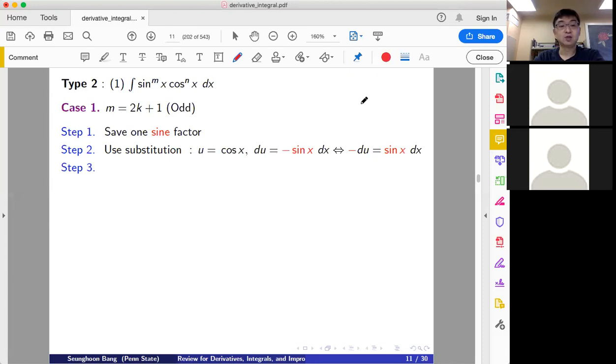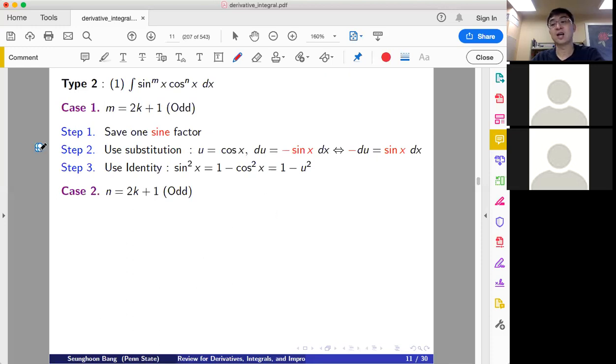Step 3, change the remaining sine functions to cosine by using the identity sine squared of x equals 1 minus cosine squared of x. Plug u in here: 1 minus u squared. Second case, n equals 2k plus 1, the power of the cosine function is odd.